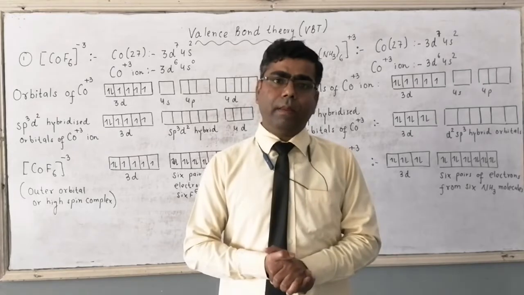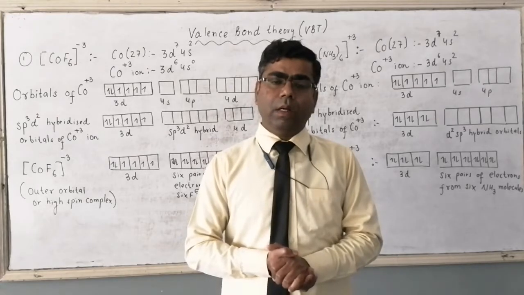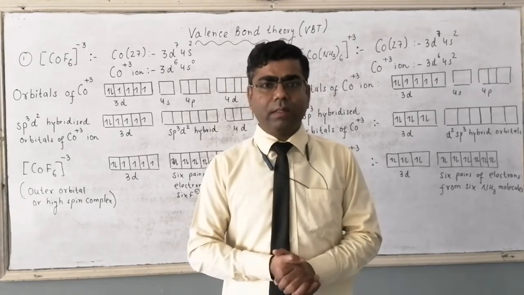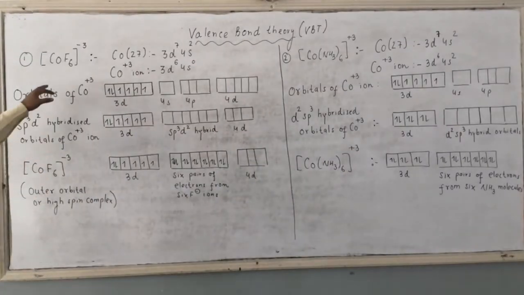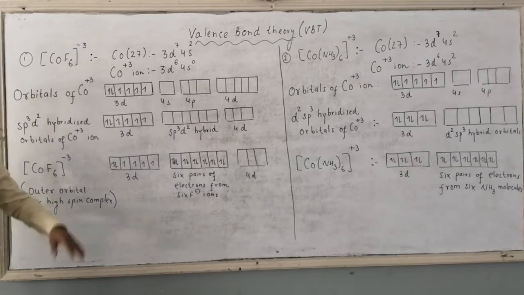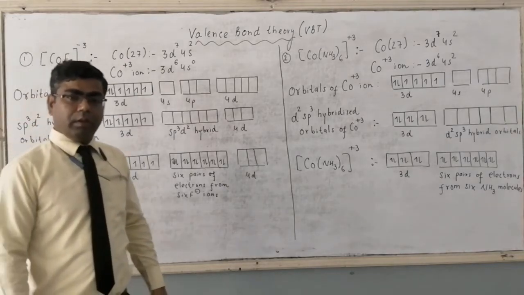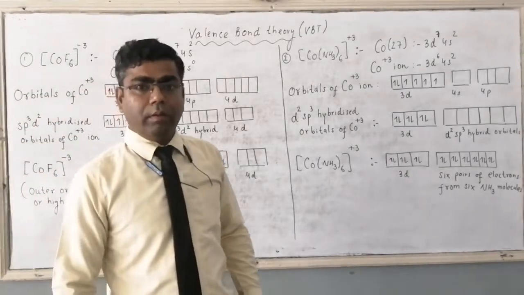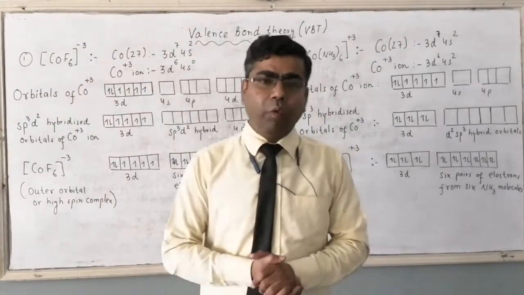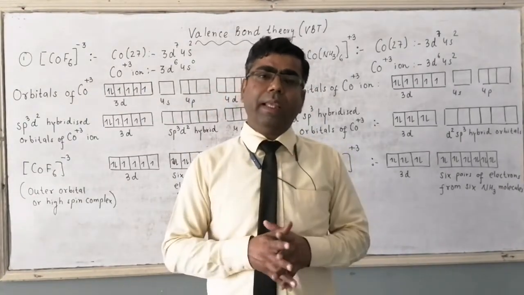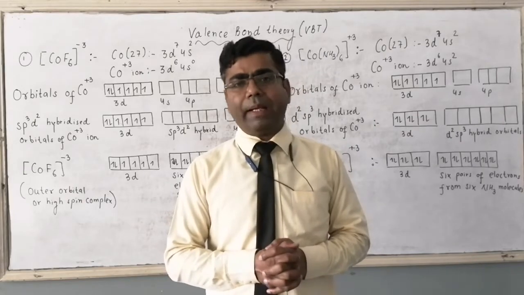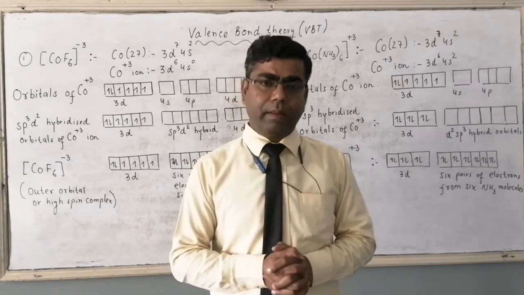So let us see how hybridization takes place in the first octahedral complex, that is CoF6 3-. Before finding out the hybridization, we must know the electronic configuration of the central metal atom or central metal ion.